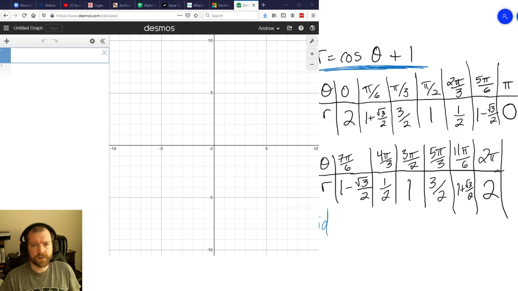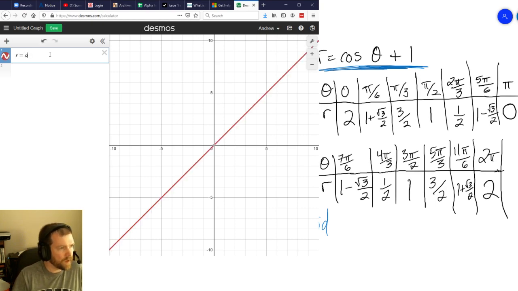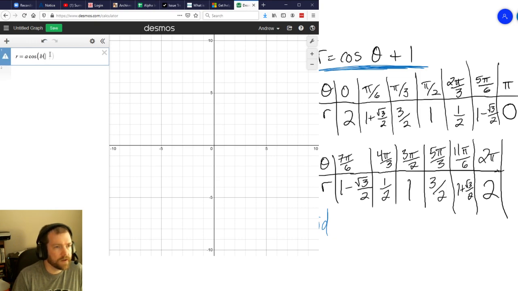All right, so when I go on to here and I want to do r equals a cosine parentheses b times, not x, theta minus c plus d.